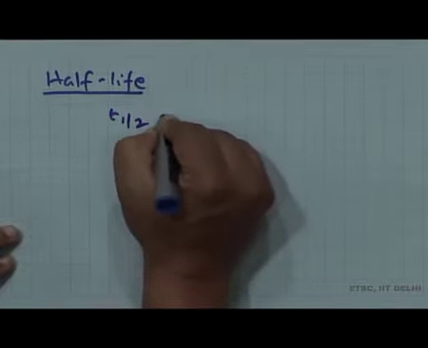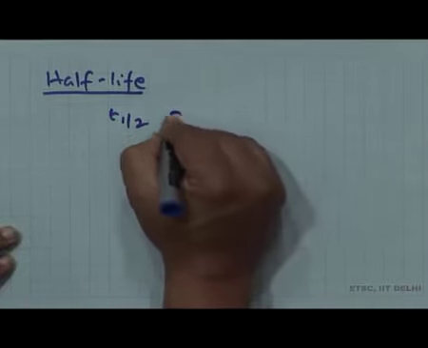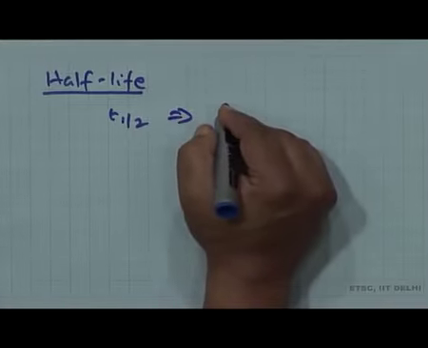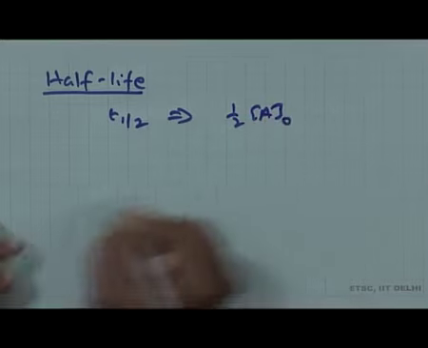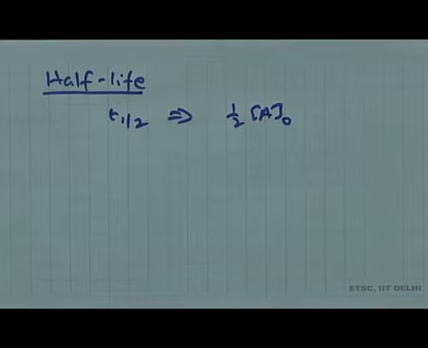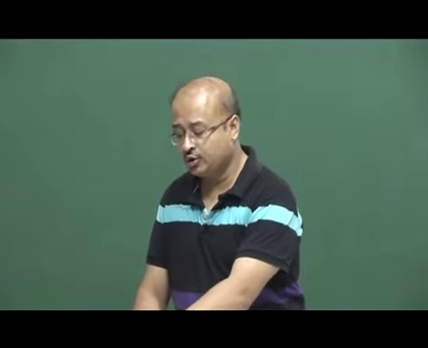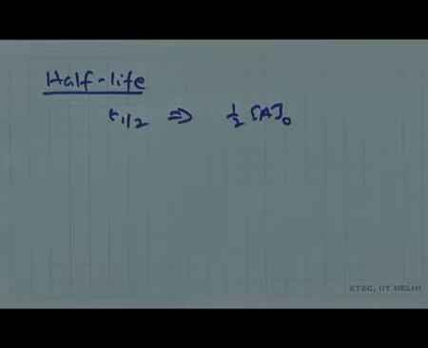We said the half life, which is denoted by T half, is where the initial concentration A naught goes down to half of A naught. So, you start with initial concentration A naught and the time it takes to go down to exactly half of the concentration is your T half. Now, what is the expression for T half? We can again get it multiple ways.